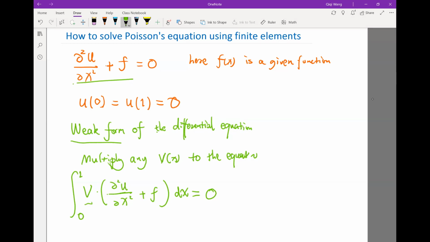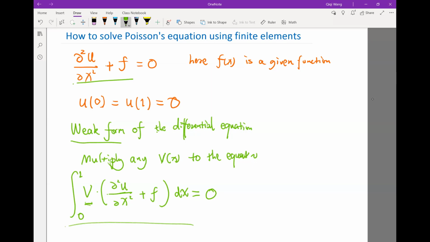So if you pick v to be this kind of indicator function, then we go back to what we are doing in finite volume. In finite element, we are generalizing that type of integral form into what we are calling the weak form by multiplying the whole equation with an arbitrary function v.